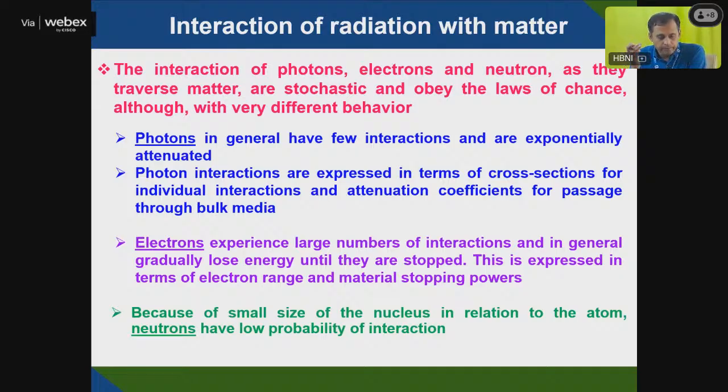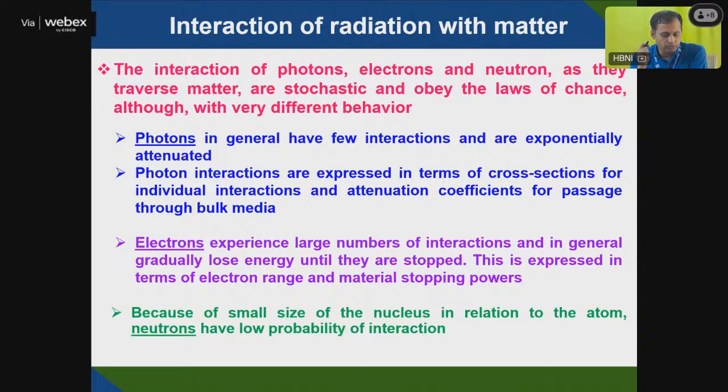Similarly, when radiation meets matter, it may be a photon, an electron or a neutron. The interaction of all these follows the law of chance. That means if there is a material in its way, it will interact, or after interaction it may elastically pass through, or inelastically be scattered or transmitted.